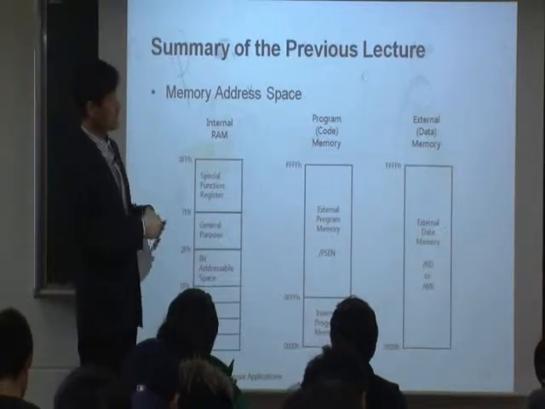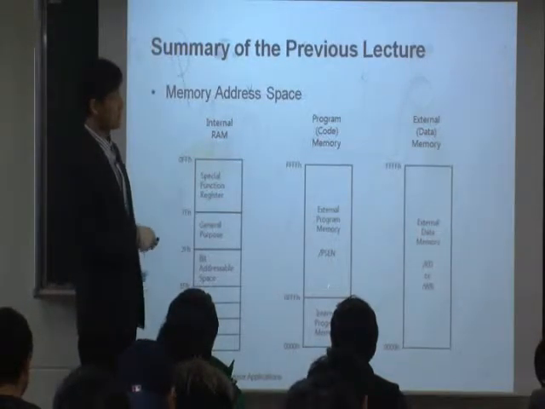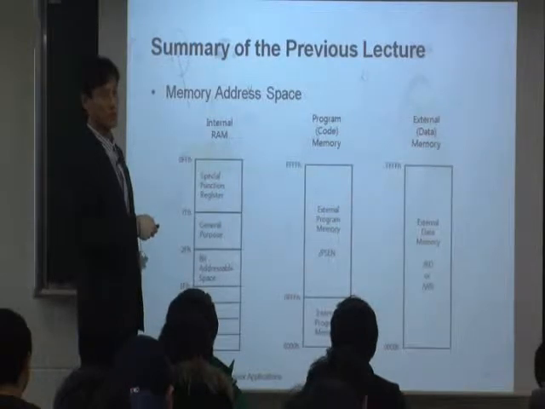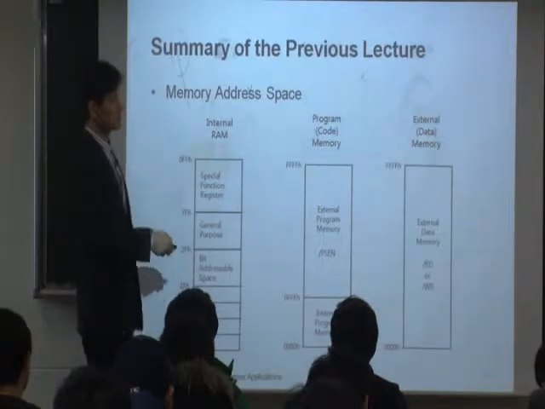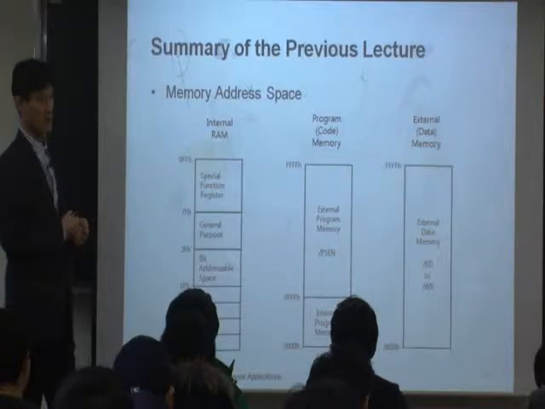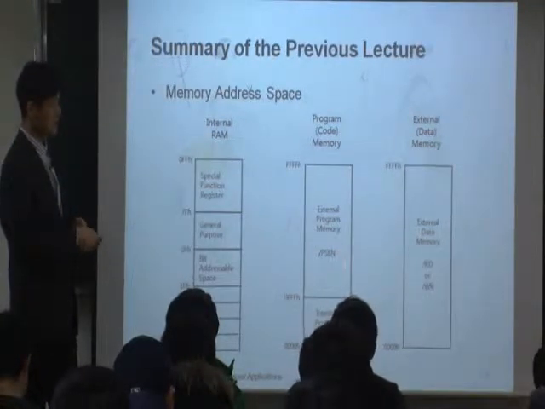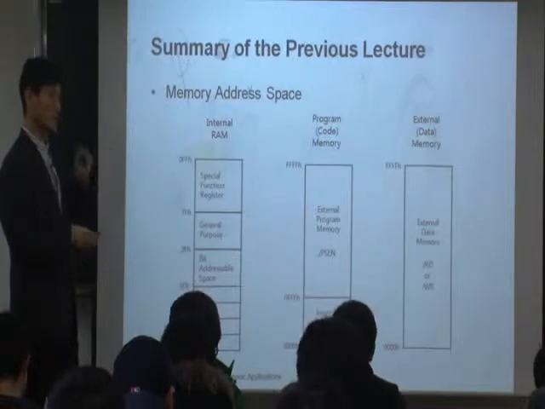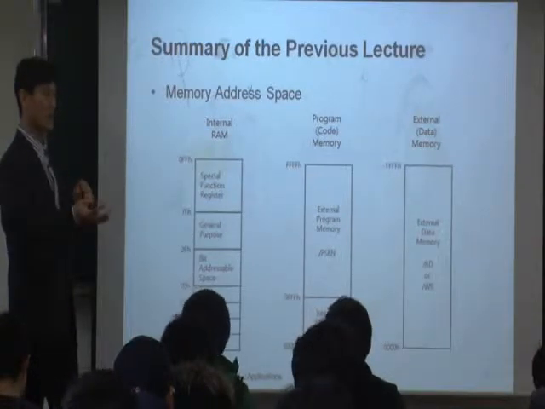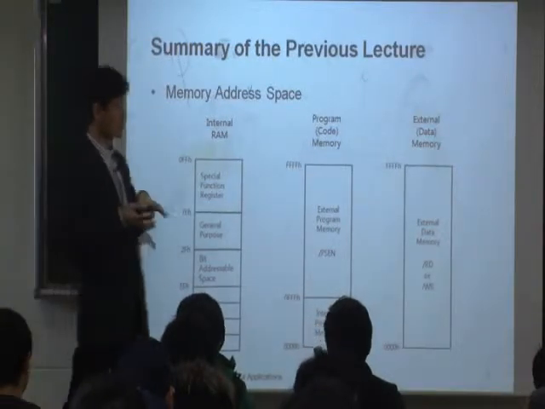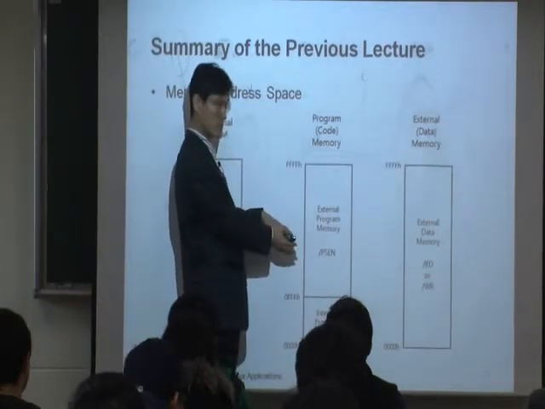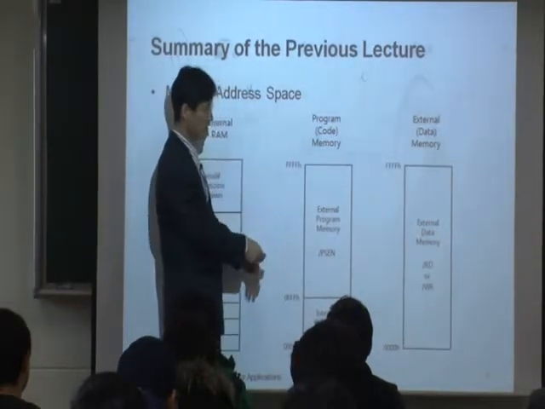And we have two different types of memories. One is the program or code memory or instruction memory. And second is what we call data memory. You may want to remember the difference. This is where you put your code. You write your own code, compile and make a binary, and put that binary in here. Maybe download your program to here.